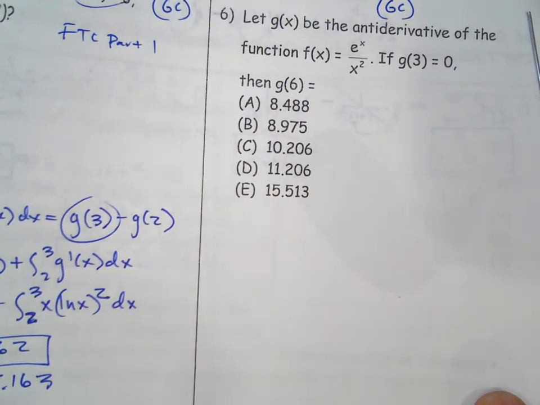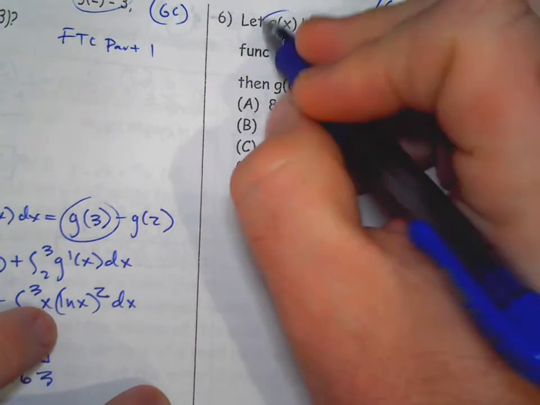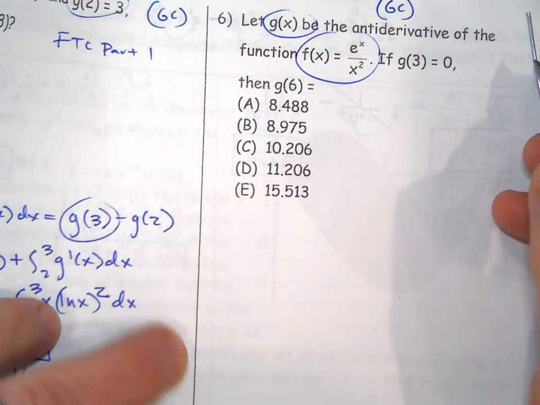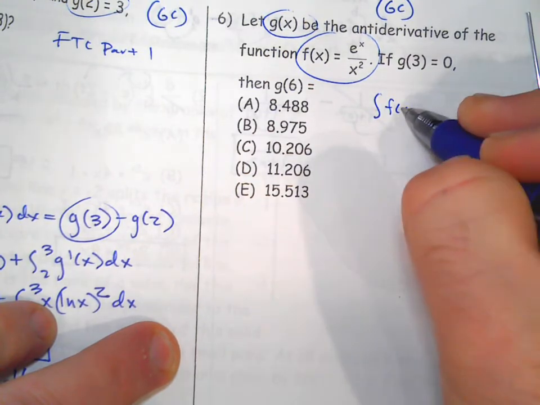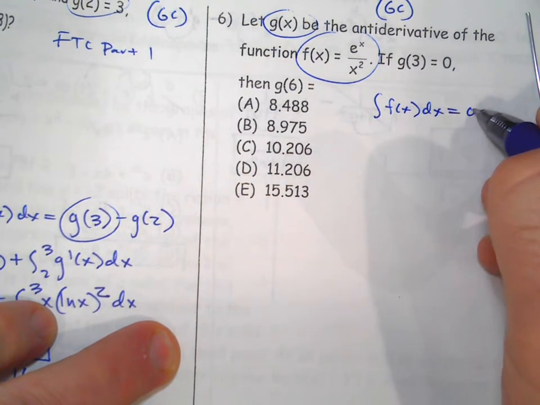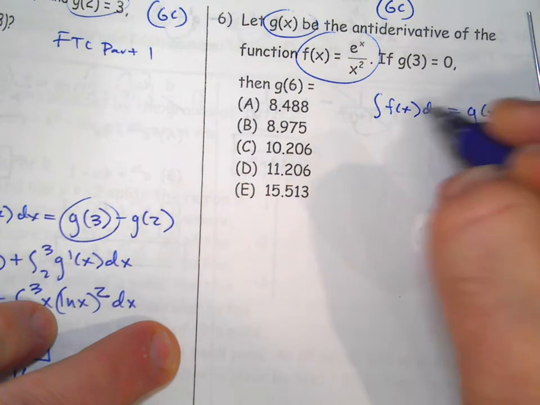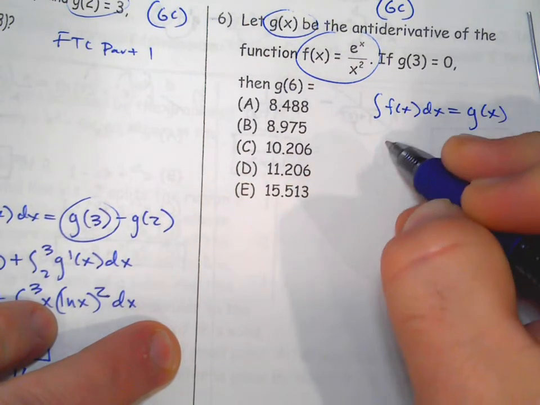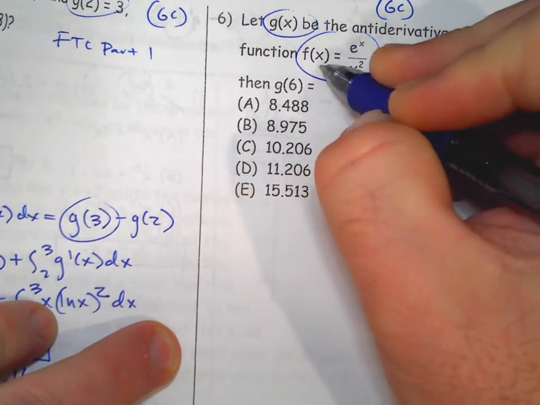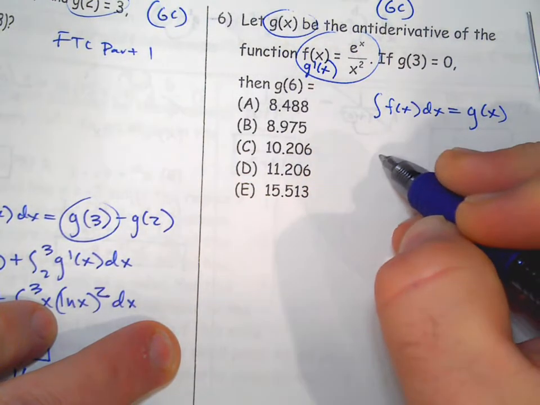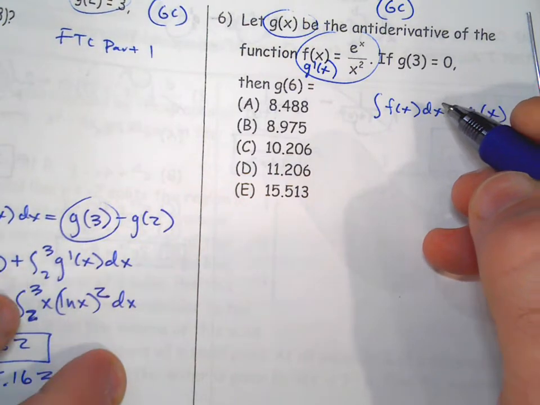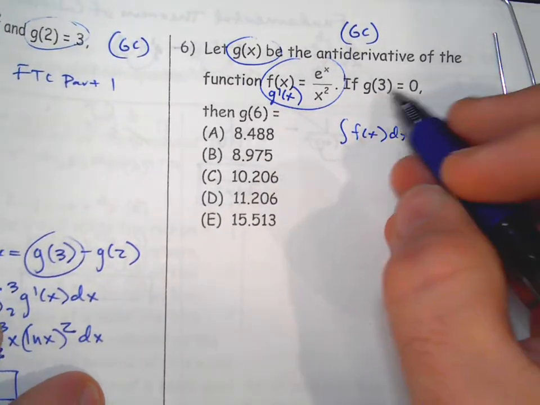Next one says let g of x be the antiderivative of this. So what does that mean? If g is the antiderivative of this, that means if you integrate f of x, you get g of x. G is the antiderivative of this, which also means that this is the derivative of g, right? So this is another, I think, fundamental theorem of calculus part 1 type of problem.